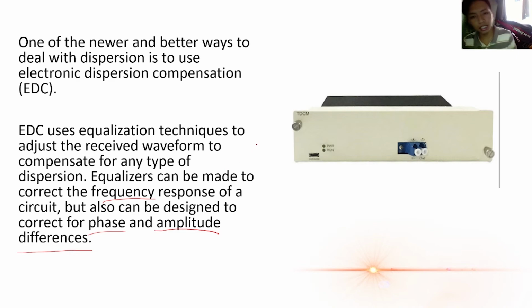So this EDC is used to correct those kinds of dispersion. This is a transceiver device because some EDC are used for one specific error adjustment, but there is also some electronic dispersion compensation which correct multiple kinds of problems in dispersion.